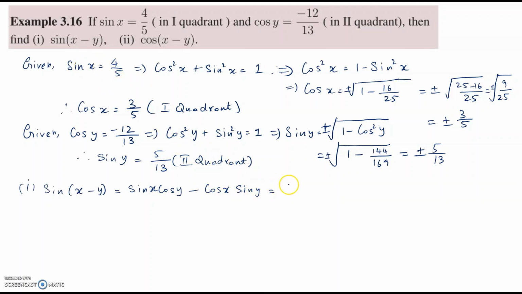So sin x is 4 by 5 into cos y is minus 12 by 13 minus cos x is, we have it as 3 by 5 into sin y is 5 by 13. Simplifying this, you will get your answer as minus 63 divided by 65.